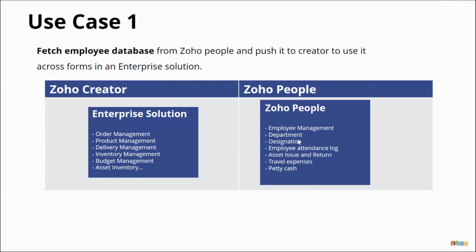On the Zoho People side, we will have the employee database, department, designation for all the employees, and custom modules like asset issue return, travel expenses, and petty cash. So you can fetch the employee database from Zoho People and push it to Creator, and you can use it across the enterprise solution.